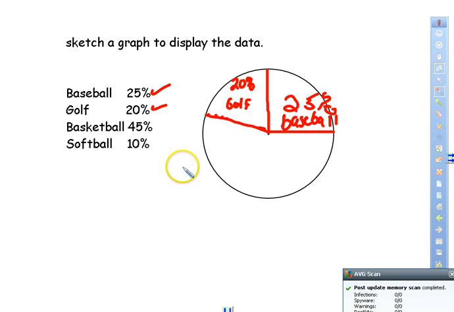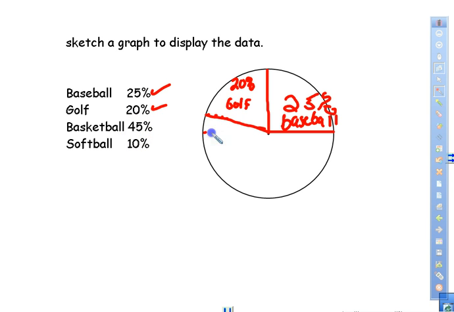And then my next one, I'm trying to figure out a 45%. Well, if I know that my line from here to there is all 50%, I need to take about 5% off of that, which is going to give me a distance of about like this. Then I can erase this line in here.